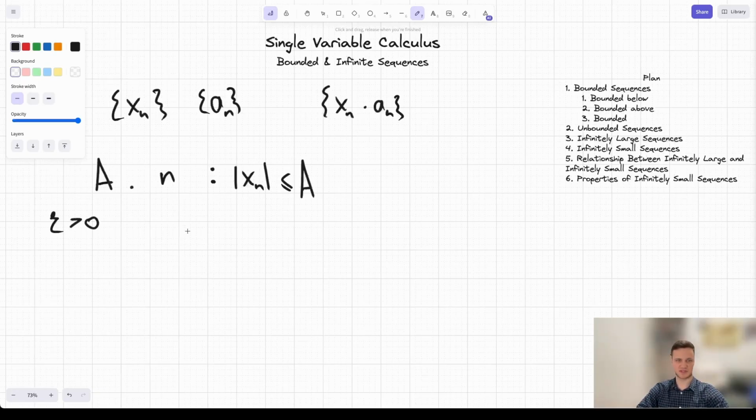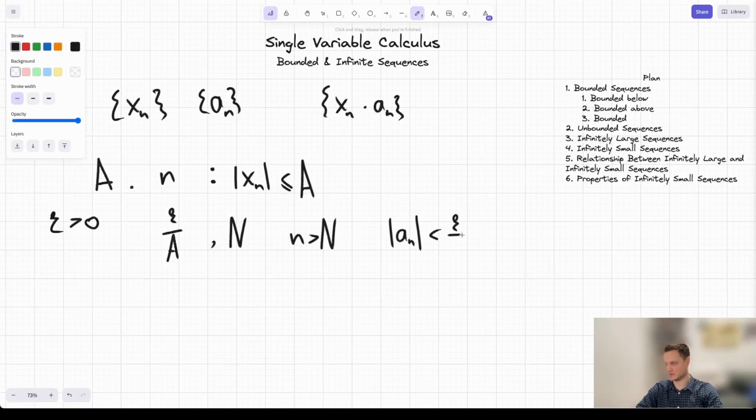Since the second sequence is infinitely small, then for the positive number epsilon divided by a, there exists such n large that for all indices after it, the absolute value will be less than epsilon divided by a. This is by the definition of an infinitely small sequence.